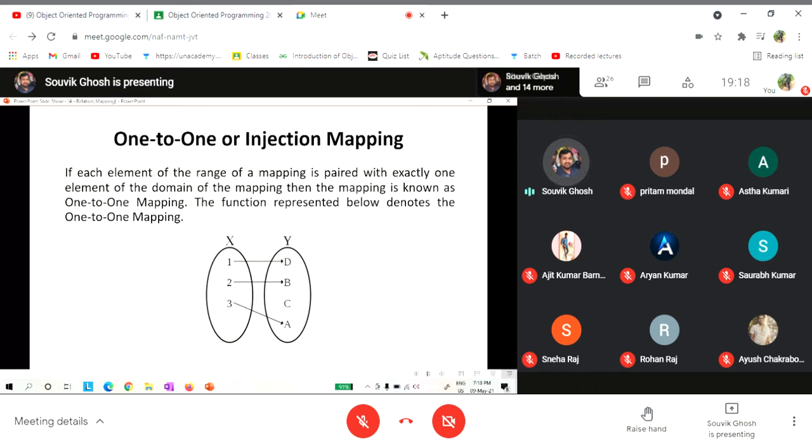Here 1, 2, 3 are related to only three elements, that is A, B, and D. So these elements make your range. A, B, and D are each related to exactly one element. A is related to exactly one element, that is 3. B is related to exactly one element, that is 2, and D is related to exactly one element, that is 1. So it is a one-to-one mapping.